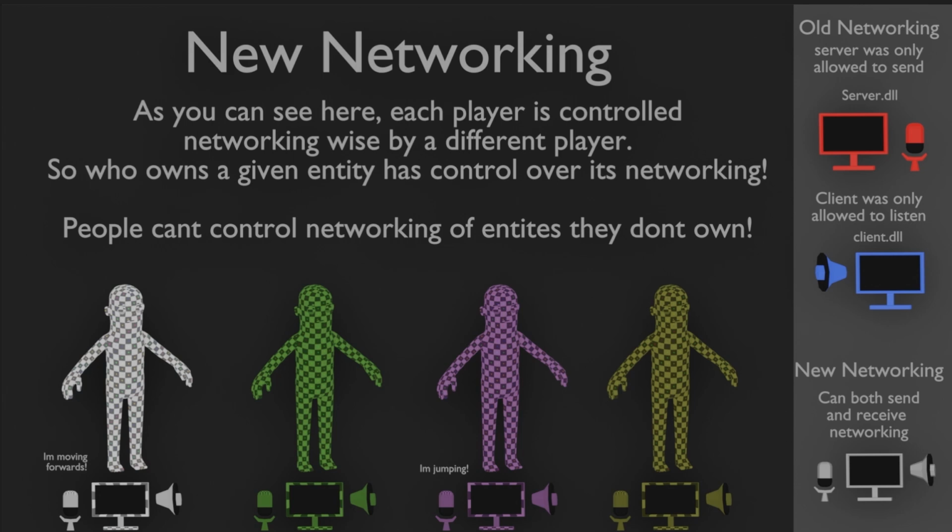Everyone will go, okay, the white connection has moved the white game object forwards. It owns it, so we'll accept that value. But what the white connection cannot do is say, I want to move the green game object here. Everyone will receive that and go, you do not own the green game object. The green connection does, so we're going to ignore that. And so it would have to be reset on the white connection's game.